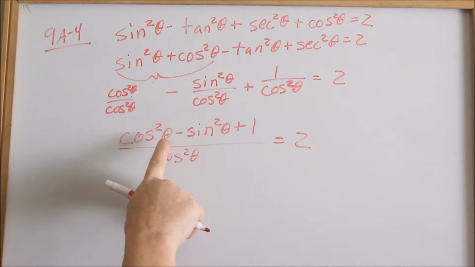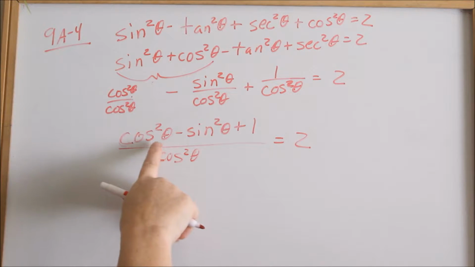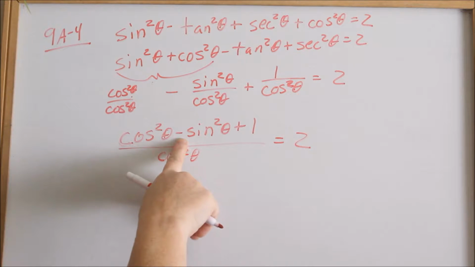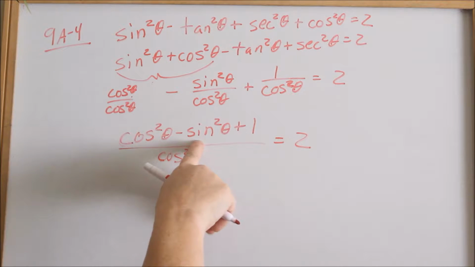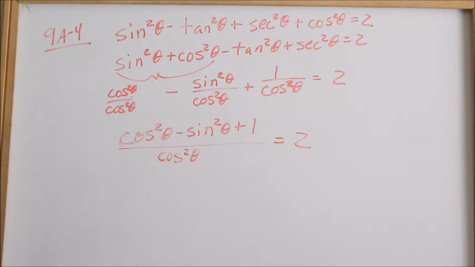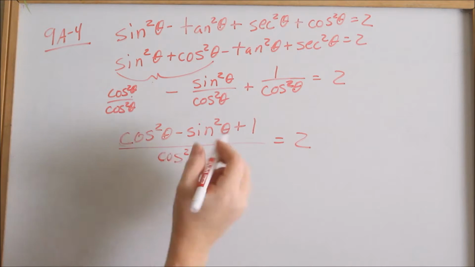Here's a negative sign. So basically, if we had 1 minus sine squared. Okay, I'm going to rewrite this.